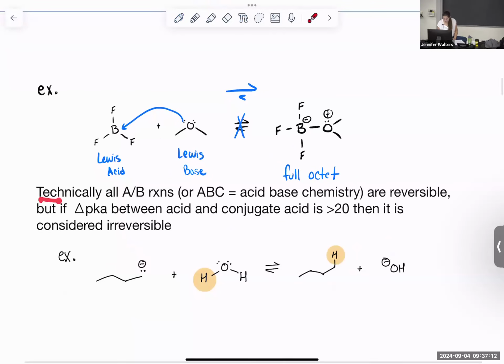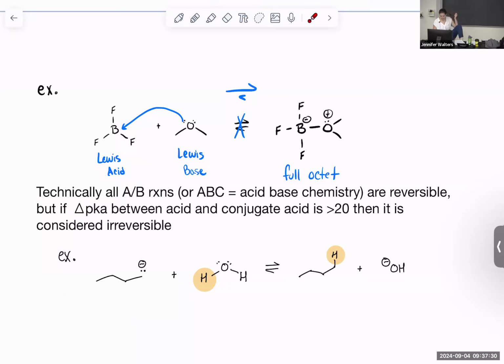Technically, all of our acid-base reactions are going to be reversible. If the change in the pKa between your acid and your conjugate acid is greater than 20, then it's considered essentially irreversible.